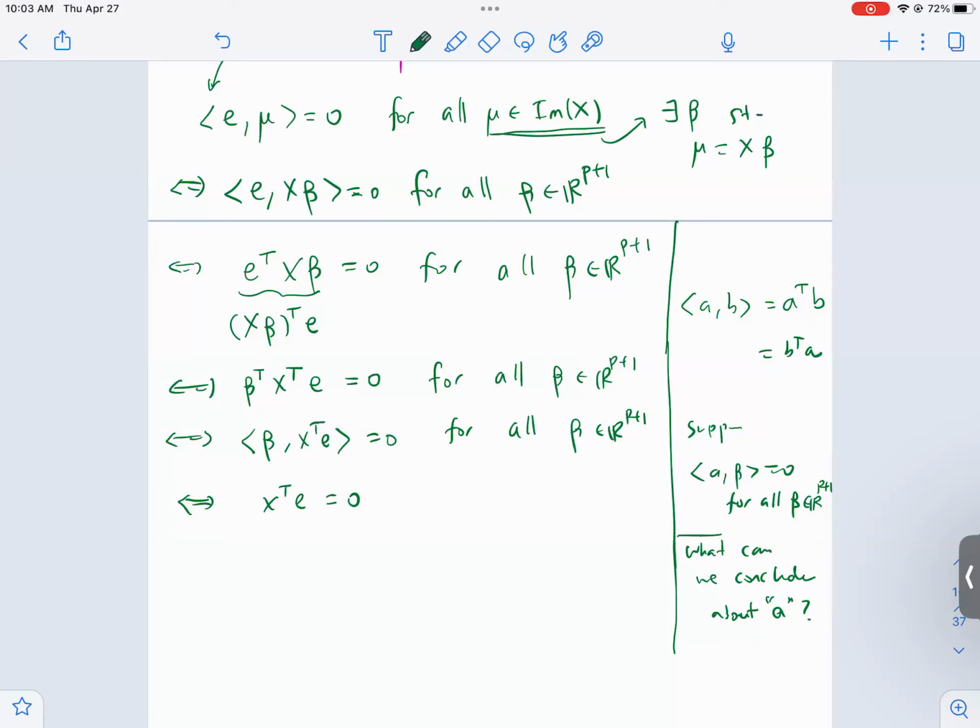All the coordinates are 0, so it has to be the zero vector. Okay, so this is true. Now, in terms of the kernel business, X transpose E is 0, what does it mean in terms of the kernel of a certain matrix?